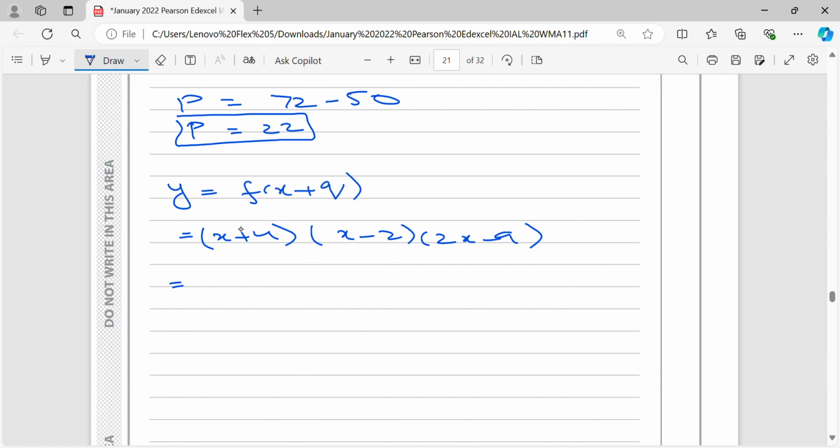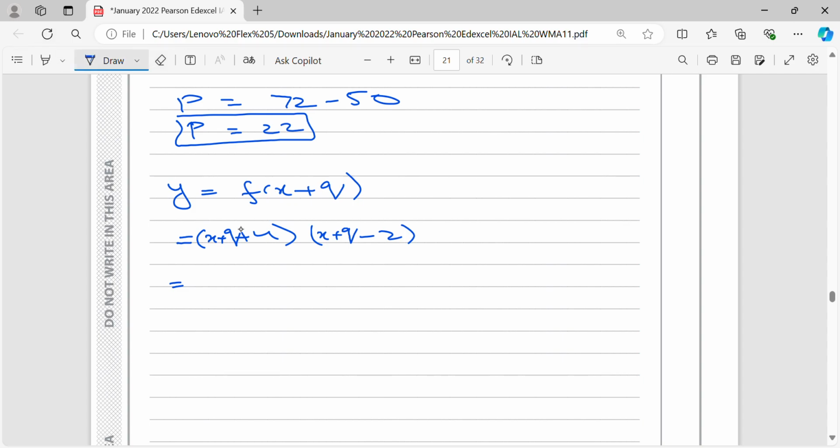Okay, so wherever you see x, we just need to replace x with x plus q. So I just need to replace x plus q here, and then here and here as well. So this will be x plus q, and let me erase it because I need space to write down.